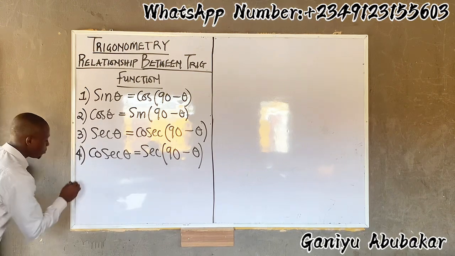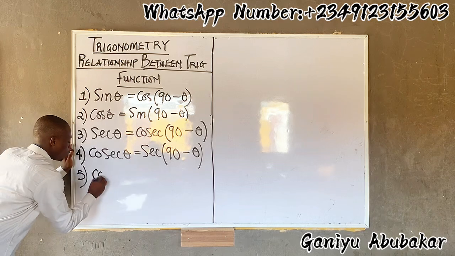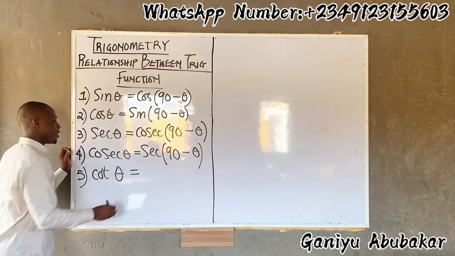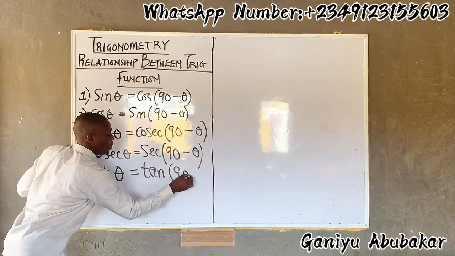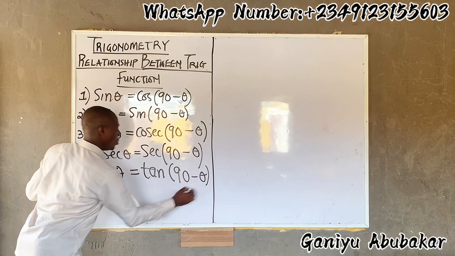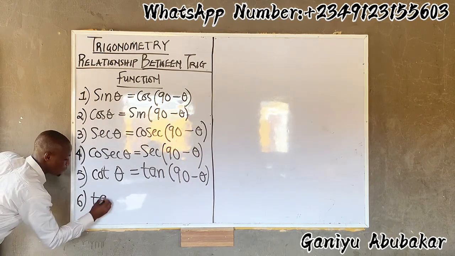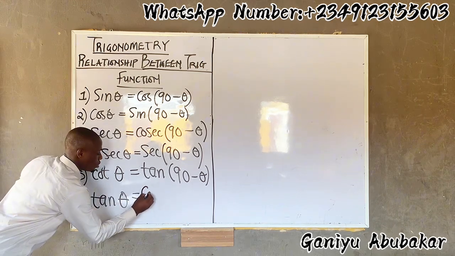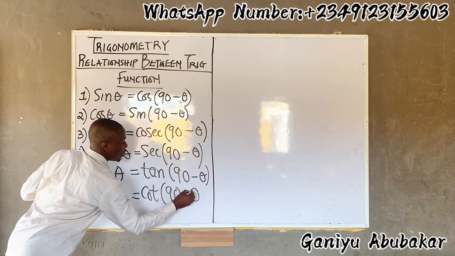Number 5, which is the fifth one, if I have cot theta, this can be expressed as the tan of the complement angle. Finally, number 6, if I have tan theta, this can be expressed as the cot of the complement angle.